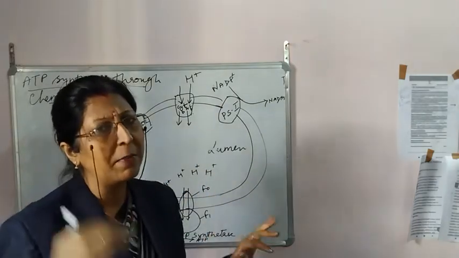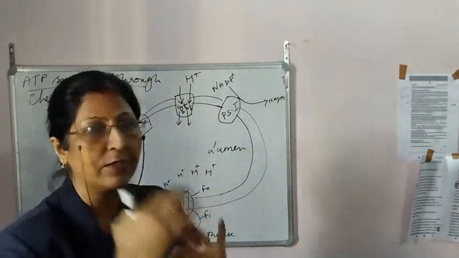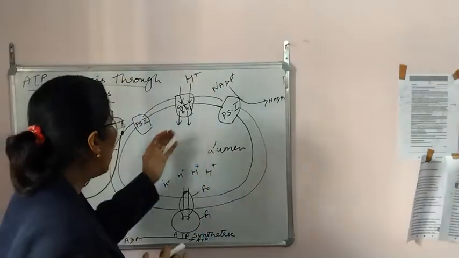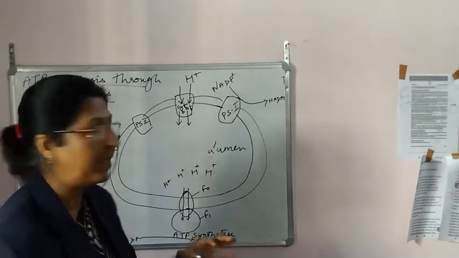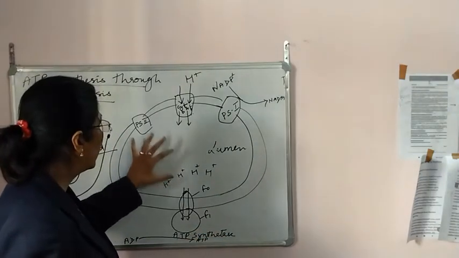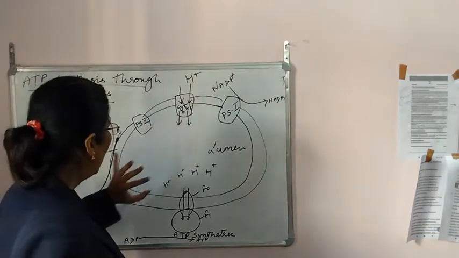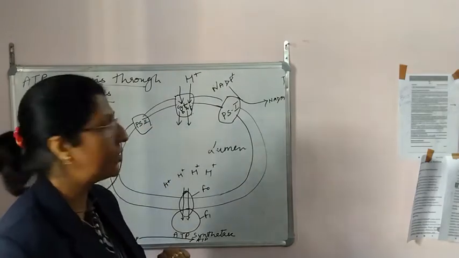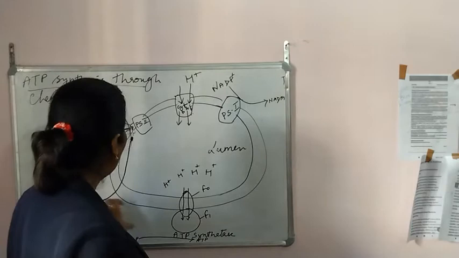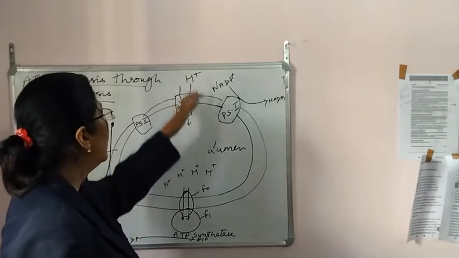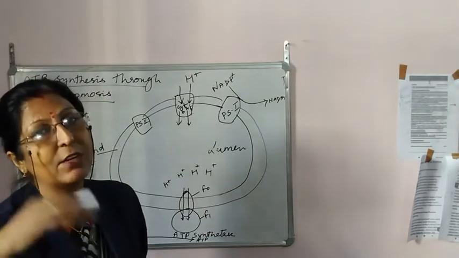What do you understand by gradient? Gradient is the difference. That means the number of protons should be different inside and outside. So we have greater accumulation of protons inside the lumen as compared to outside. Even whatever hydrogen ions are there outside, they enter through the cytochromes, in the electron transport chain.